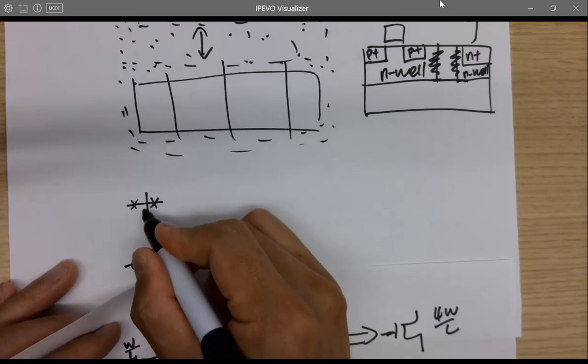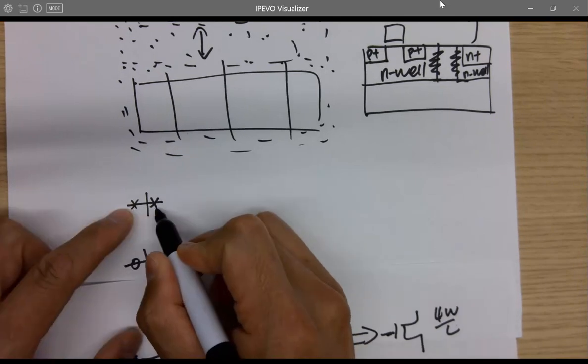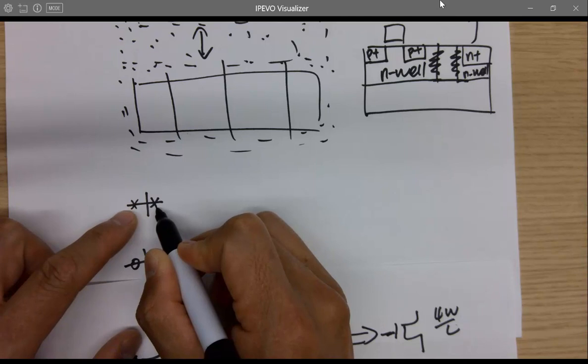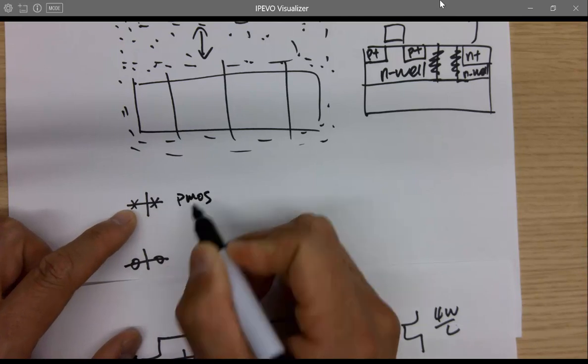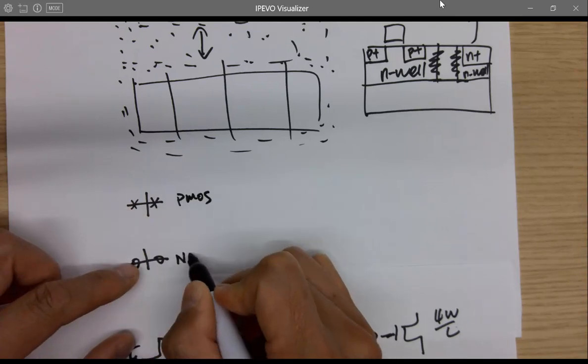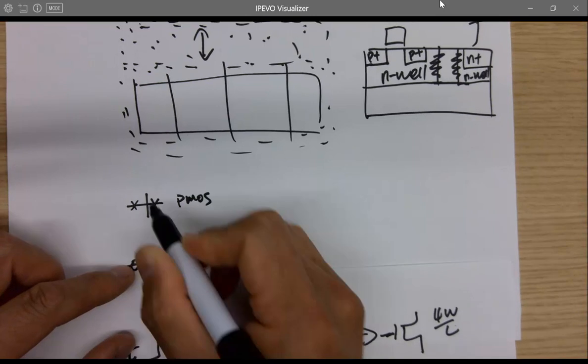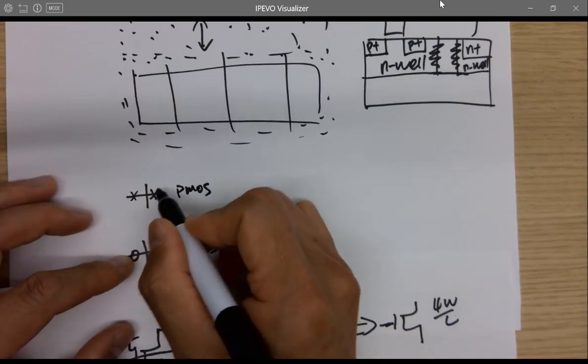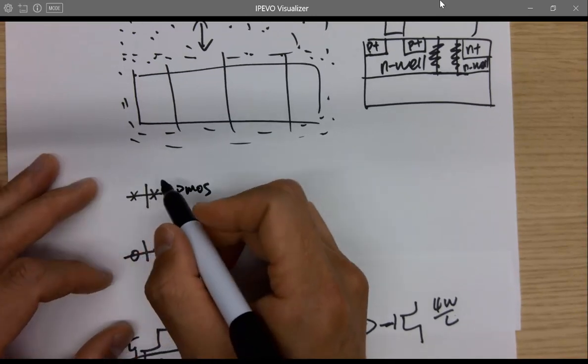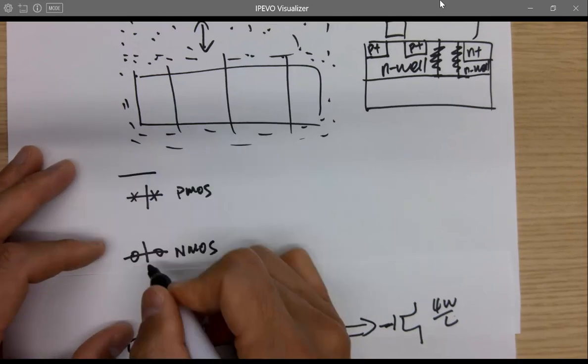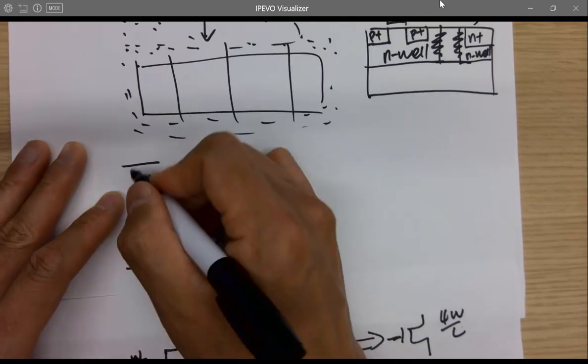So this is the gate. And that's 2P plus. And that's 2N plus. That's a channel to simplify the drawing process. So for an inverter, we draw it this way.